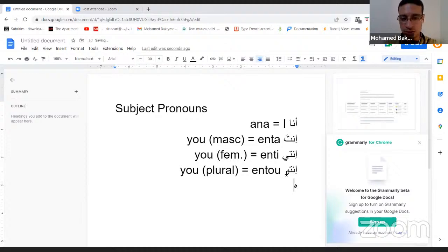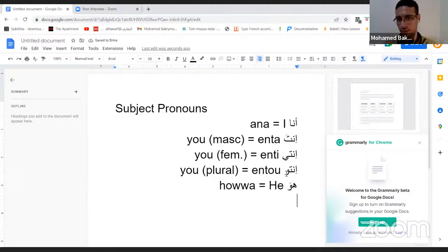The next one is huwa. Huwa is he. And as we said, huwa is used not only with human beings because we don't have it. So all the objects, also all the animals, they have gender. For example, if you want to say bab, which is door, bab is masculine.